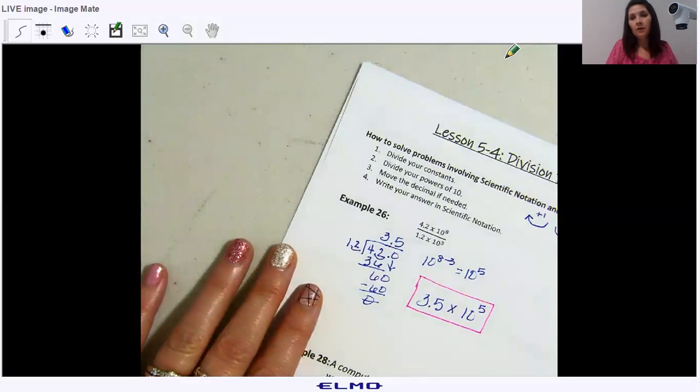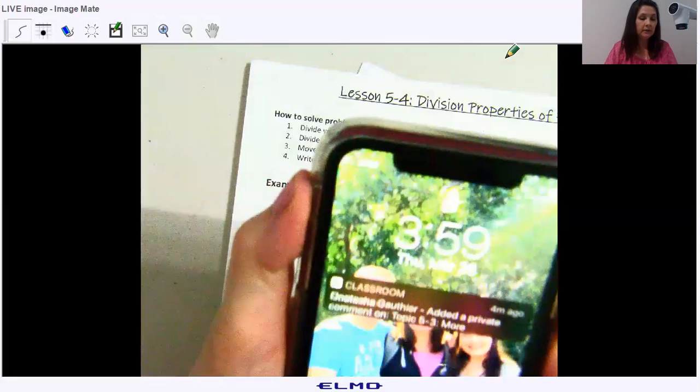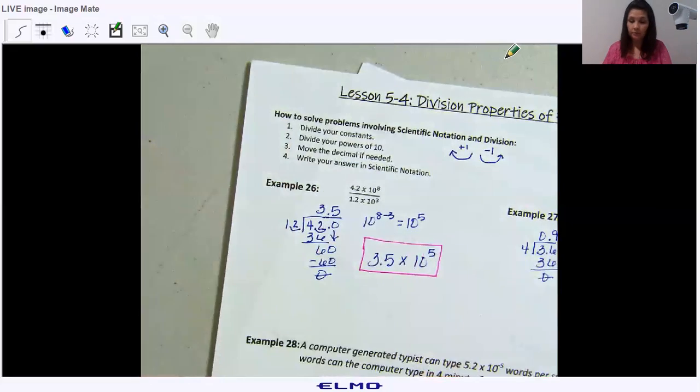And the homework for 5-4 will be due for my Tuesday, Thursday class next Thursday, which I believe is, I don't want to get the dates wrong again, but I believe that that would be April 2nd. And for my Wednesday, Friday classes, it will be due April 3rd. So next Thursday and Friday. These will be due a week from today.